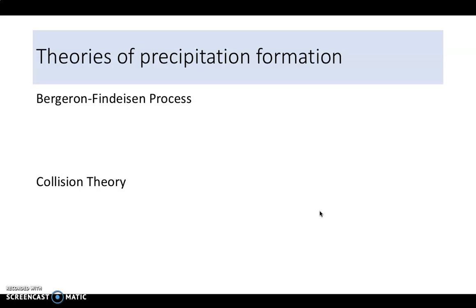We're going to start off with the Bergeron-Findeisen process. This process is based around the idea that all rainfall starts life as ice. As you go up into the atmosphere, you've got a mixture within clouds of ice crystals and also water particles.